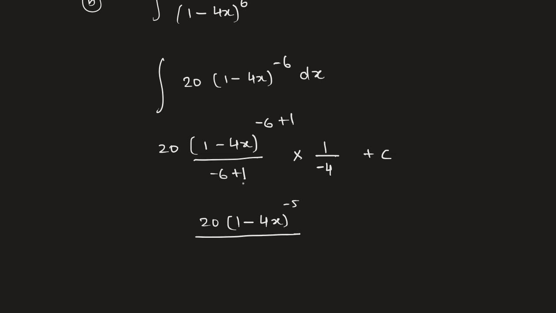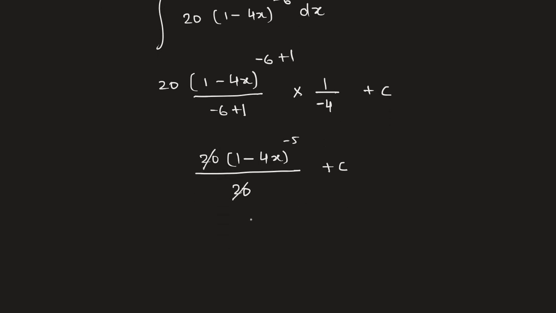Now over here we'll get negative 5. This is negative 4. Negative 5 into negative 4 would be positive 20, plus c. Now this 20 and 20 get cancelled out. So we are left with, I can rewrite this as 1 upon (1 minus 4x) to the power 5 plus c.